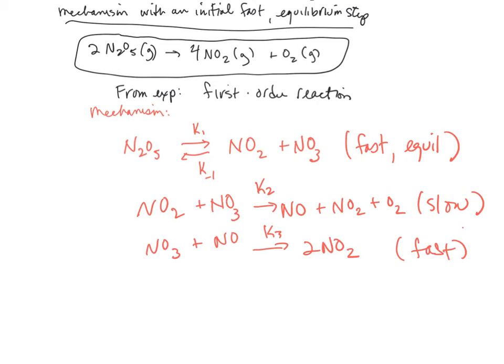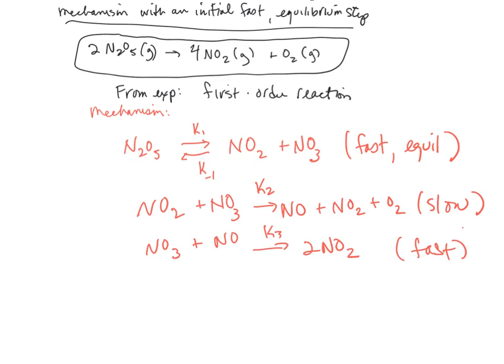All right, so there's 3 steps in this mechanism. The first one is equilibrium. And if you were going to add them up to get the overall, just to check to make sure everything works, you actually have to, I'm not going to write it down, but I'll show you. You have to multiply this first reaction times 2. So it has to be 2 here, 2 here, and 2 here.